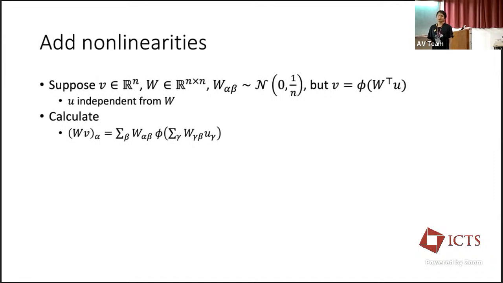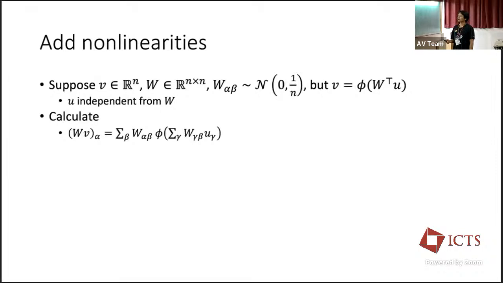How should we do the Taylor expansion? Assuming phi is very smooth. That's not a bad first guess.